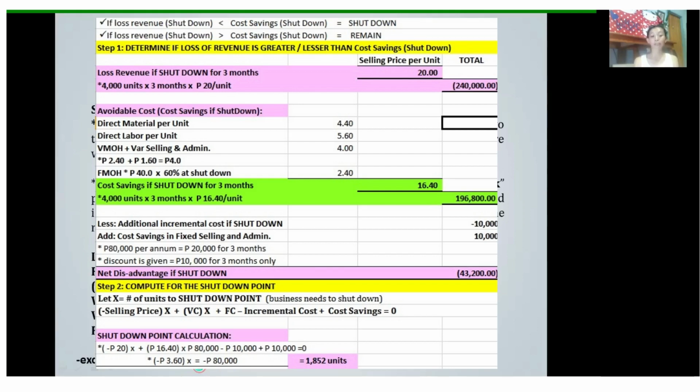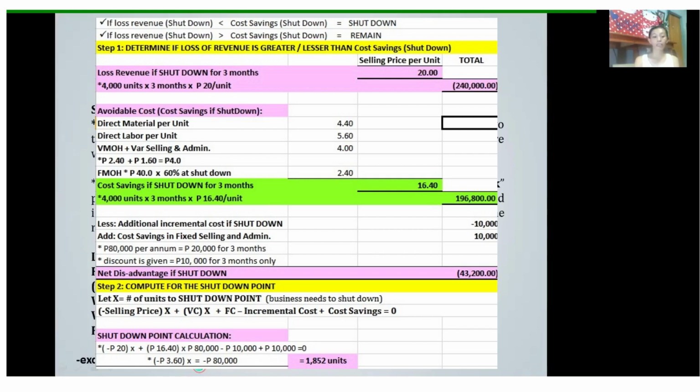We have an answer of negative 3 pesos and 60 centavos times the number of units, which is X, equal to, transposing the answer, negative 80,000 pesos.